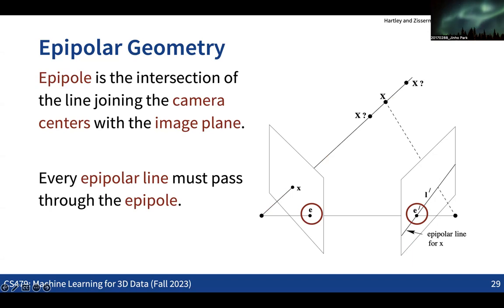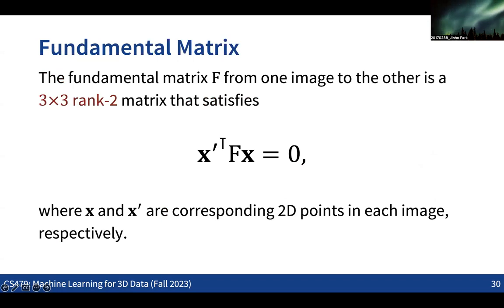So based on this, we're gonna introduce a few more concepts. One thing that we're gonna see is the fundamental matrix. Now we are considering the case that we have pixel-wise correspondences, so we have corresponding points that we know in the two views, two images.